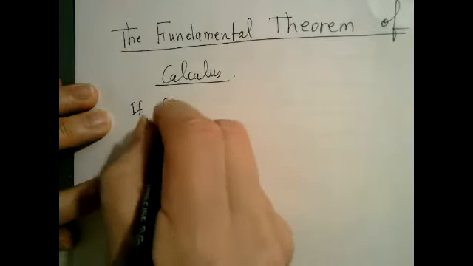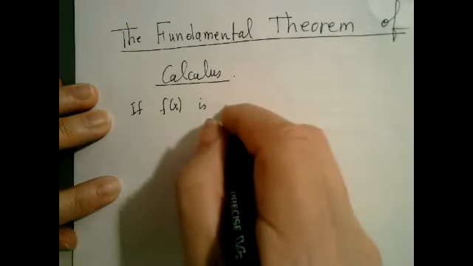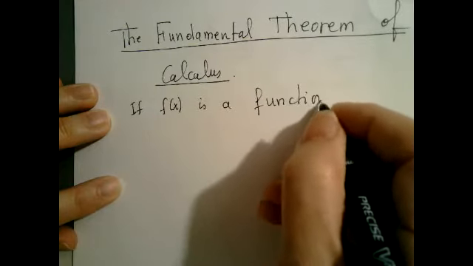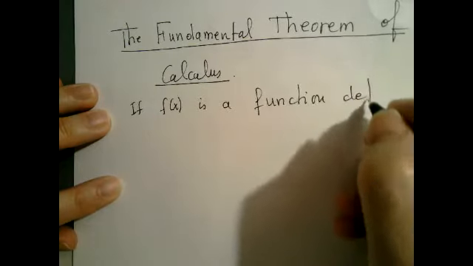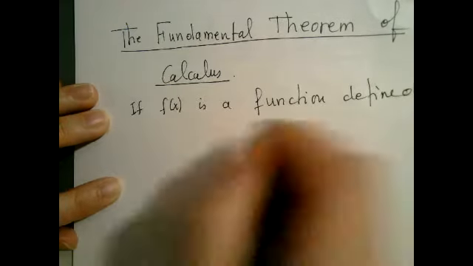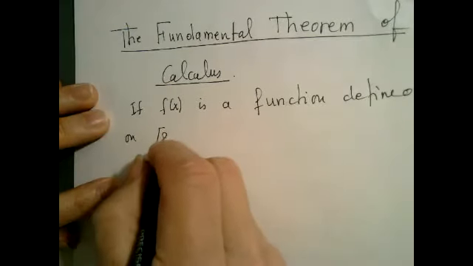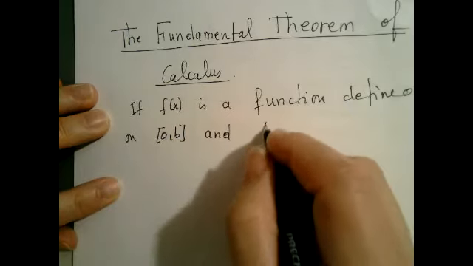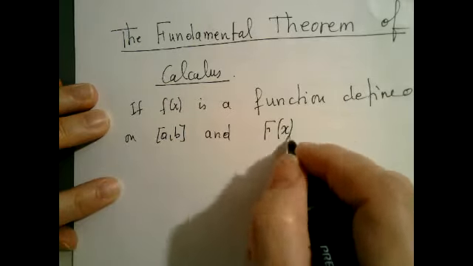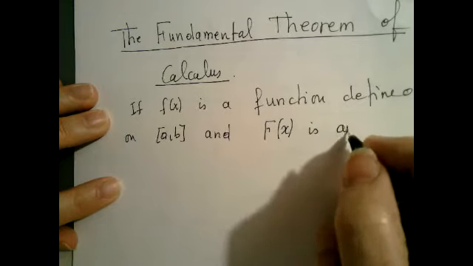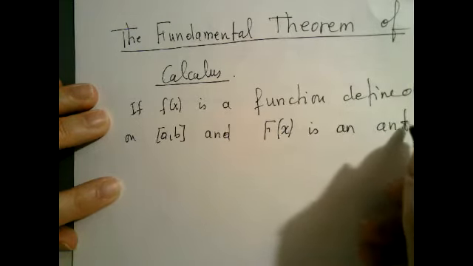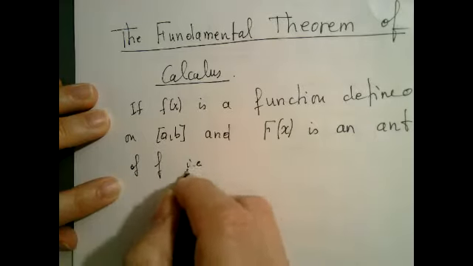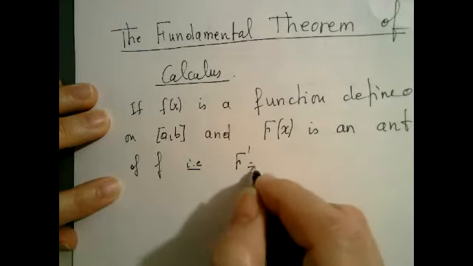So f of x is a function defined on an interval [a, b], and big F of x is an antiderivative of little f. It means F prime is equal to f.